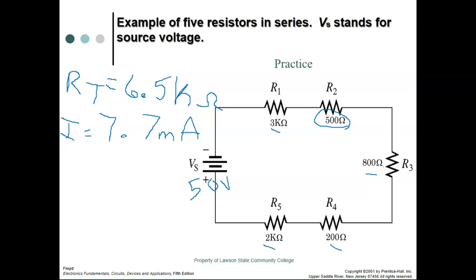The funny thing about this is that current is constant. So now I have my current, I can apply it to each of these resistors. And from there I can find the last element, which is the individual voltage drops.